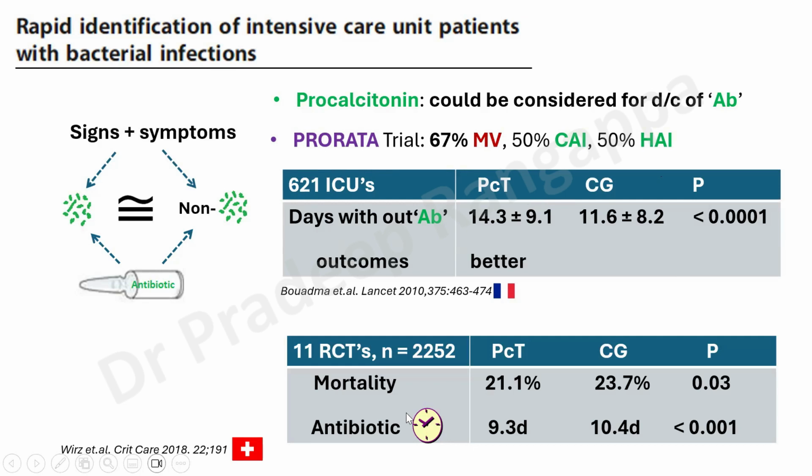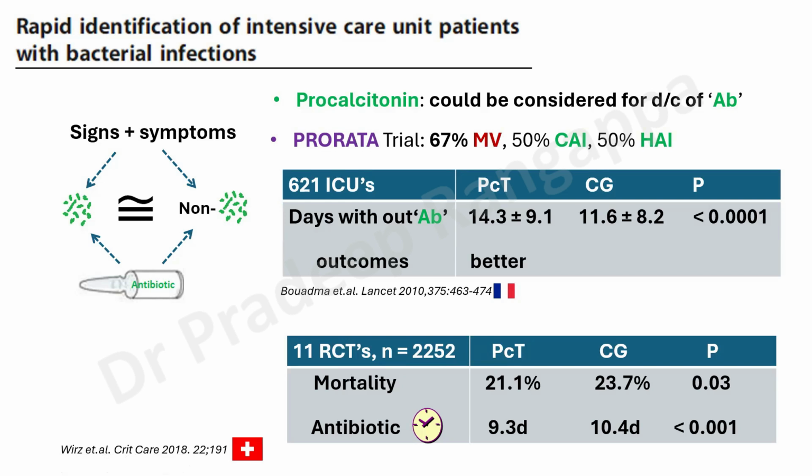After this, there was a big meta-analysis that came from the Switzerland group, 2018 by Wirz et al. If you look very carefully at this meta-analysis, they took 11 randomized controlled trials with 2,252 patients, where procalcitonin was used to de-escalate or stop antibiotics. The mortality was lower compared to the control group, and that was statistically significant.